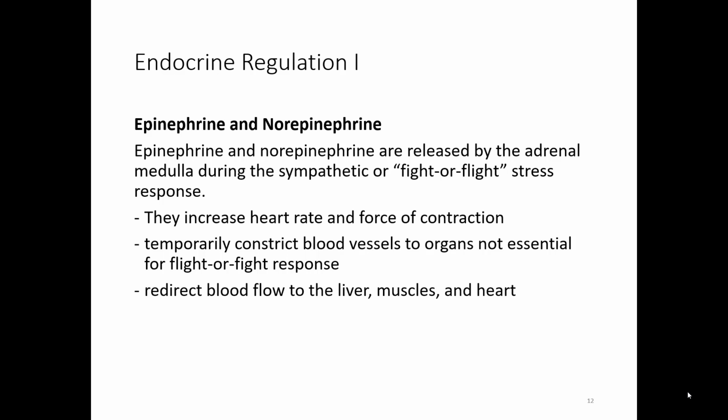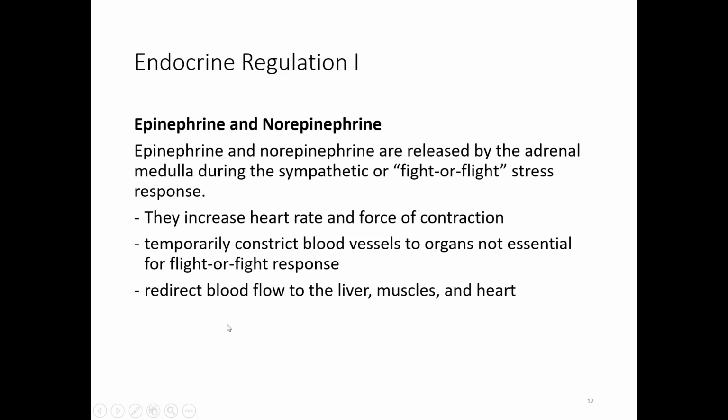Now let's talk about endocrine regulation. Two hormones released by adrenal medulla during stress, fight or flight response, which is sympathetic, increase heart rate and also force of contraction. Also, they constrict temporarily blood vessels to organs that are not essential for fight or flight response. When you are fighting or running away from the danger, you don't really need your stomach to digest your food right now.